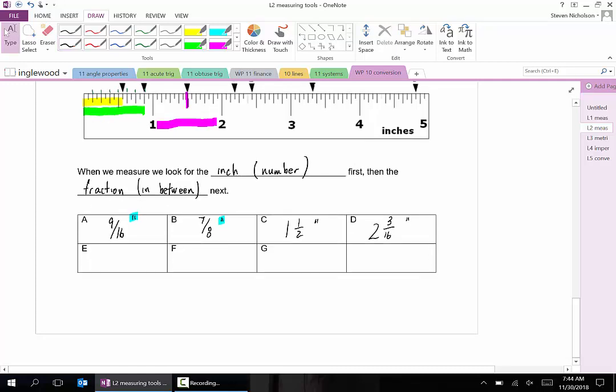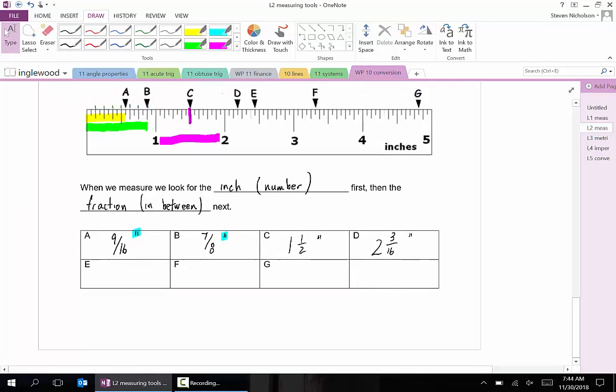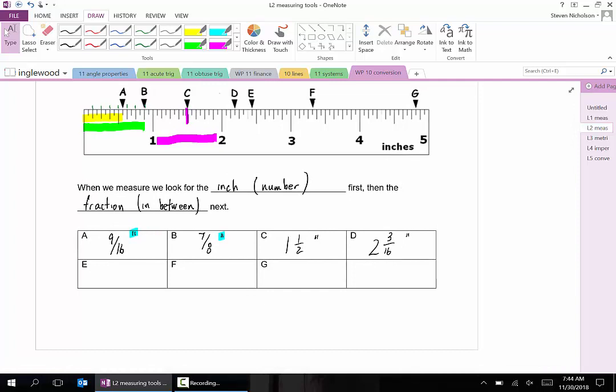E is also on one of those small marks. So counting along, we have 7 of those small little marks, so it's 2 7/16 of an inch. F, well, it's between 3 and 4, so the first part is 3, and if we count along, 1, 2, 3, 4, 5, it's 5 of the smallest little divisions, so 5/16.